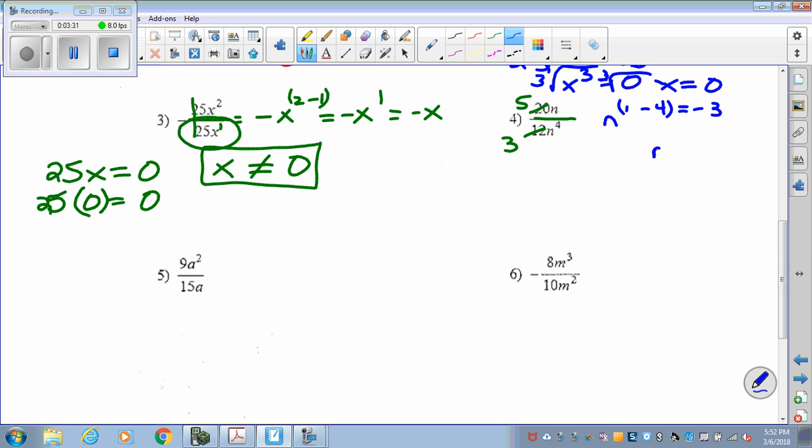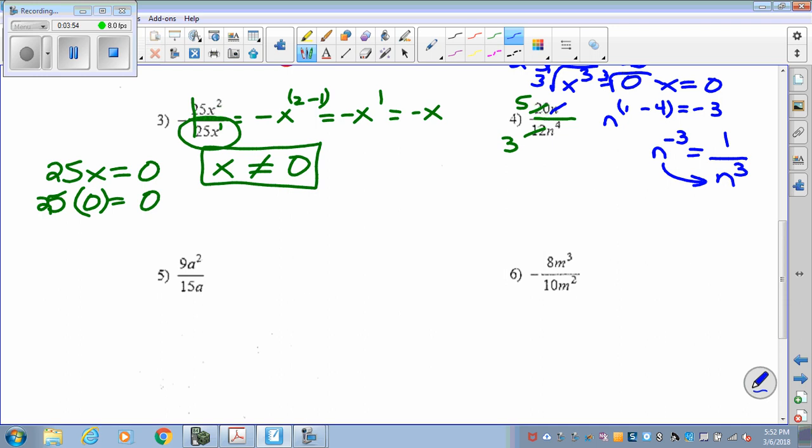If I have n to the negative 3, remember that to make that positive, it goes into the denominator. So n to the third is in the denominator. You can see that because there's one n on top, it's going to cross out with one of these on the bottom.